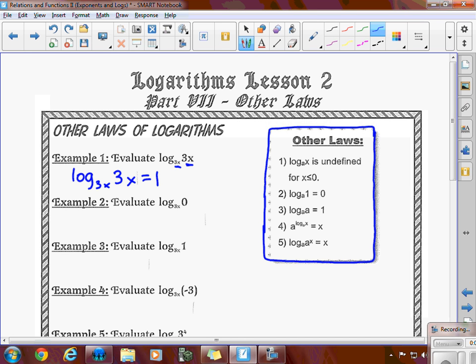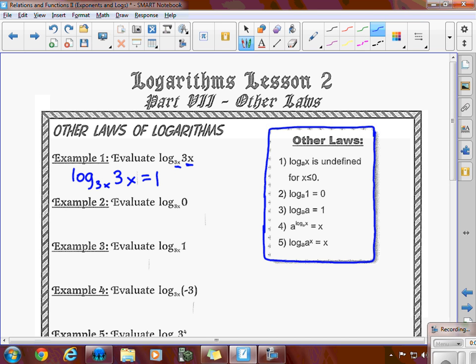Evaluate log base 3x of 0. Now this is saying what power of 3x would get me an answer of 0. You can search through your brain and try to figure out what's going on here.